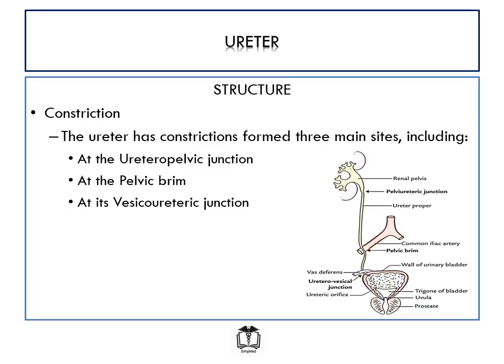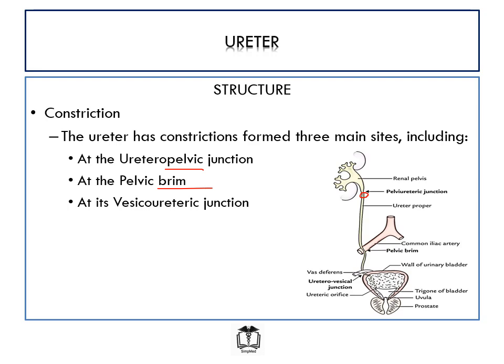Then the constrictions of the ureter. There are 3 major constrictions of the ureter. These constrictions are formed at 3 main sites, and they include the constriction at the uretero-pelvic junction, the junction between the renal pelvis and the ureter. This is the first constriction. Then we have the second constriction, which is found at the level of the pelvic brim as the ureter transits from being an abdominal ureter to being a pelvic ureter.